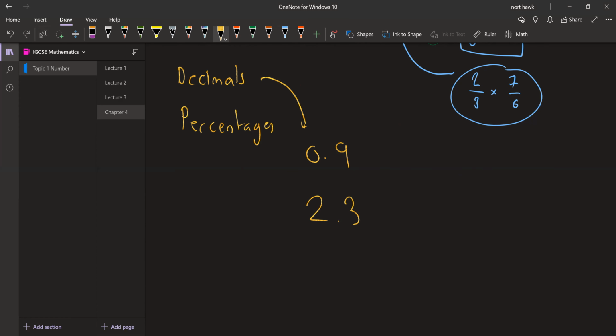And there are essentially 2 types of decimals: recurring decimals, and terminating decimals, which means that it stops. So we'll be talking about recurring decimals first.